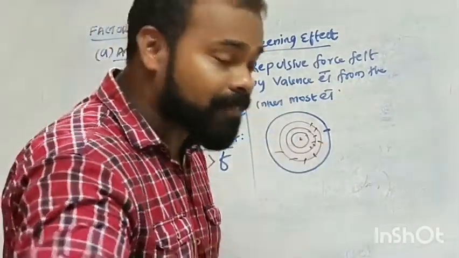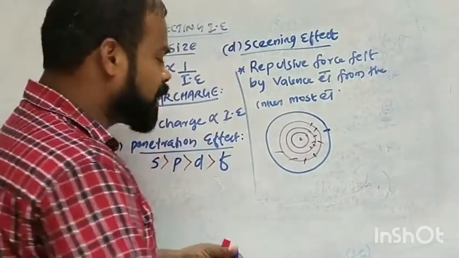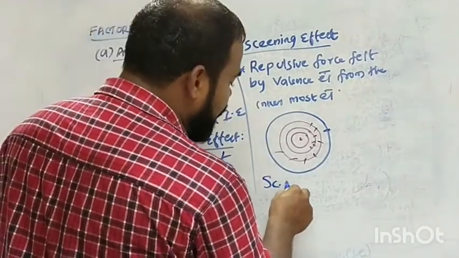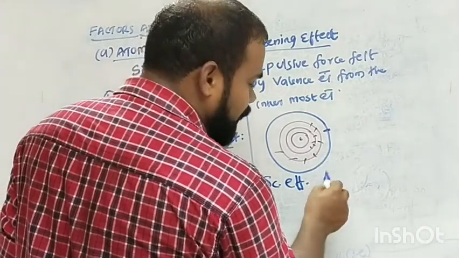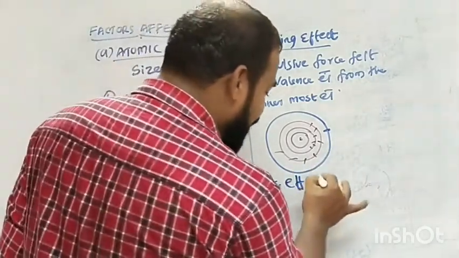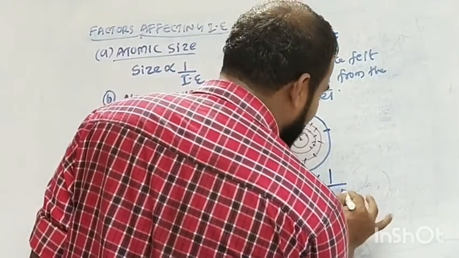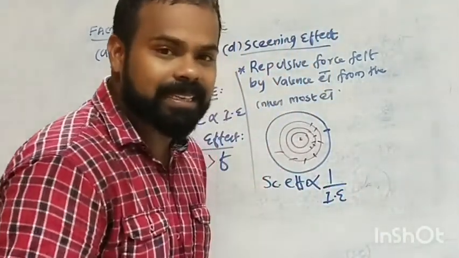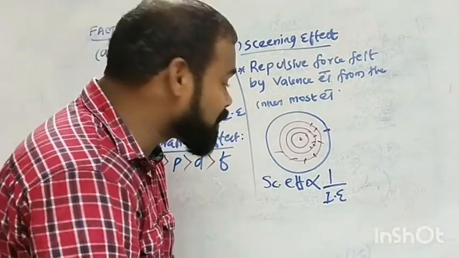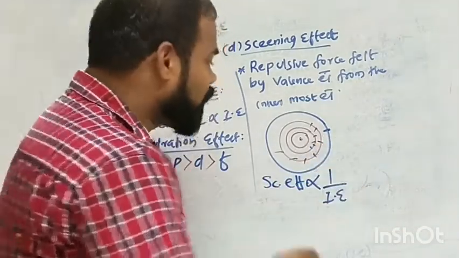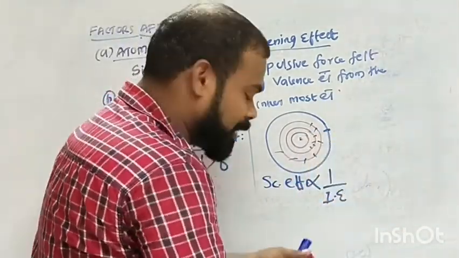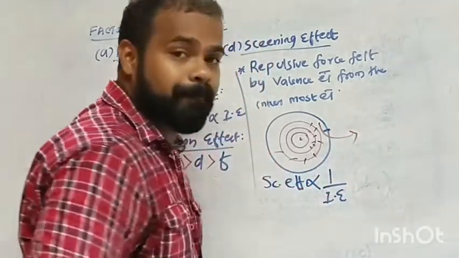If the screening effect is more, very important, at that time ionization enthalpy will be lower. Screening effect means repulsion will be higher. Therefore, the repulsion is already maximum here, so the removal will be very easy.